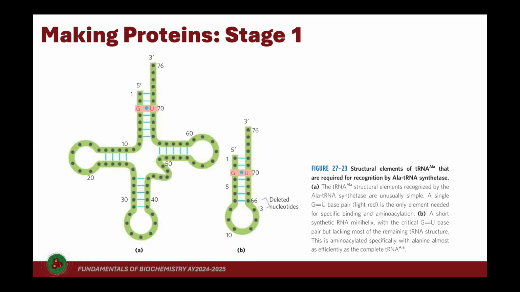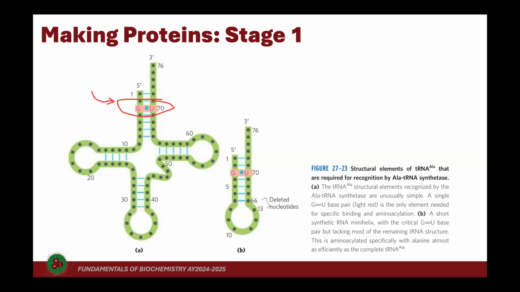So this is for alanine tRNA synthetase. And this GU base pair found in the amino acid arm of this tRNA molecule is the only feature that is important to its binding in the Ala tRNA synthetase.